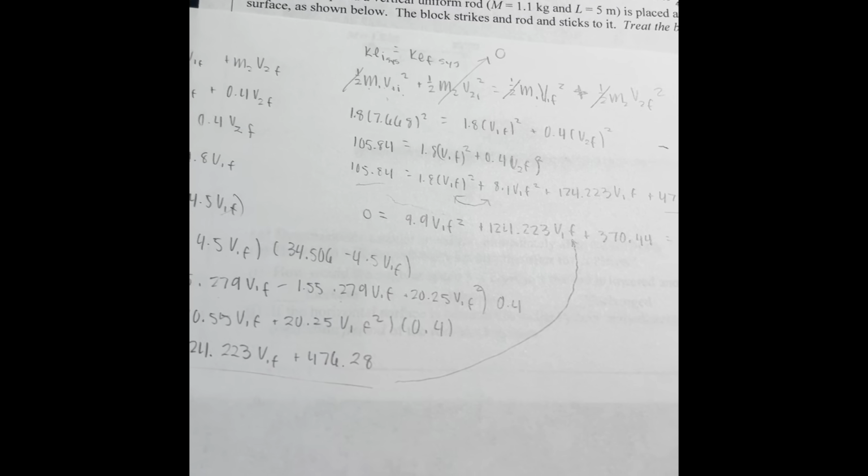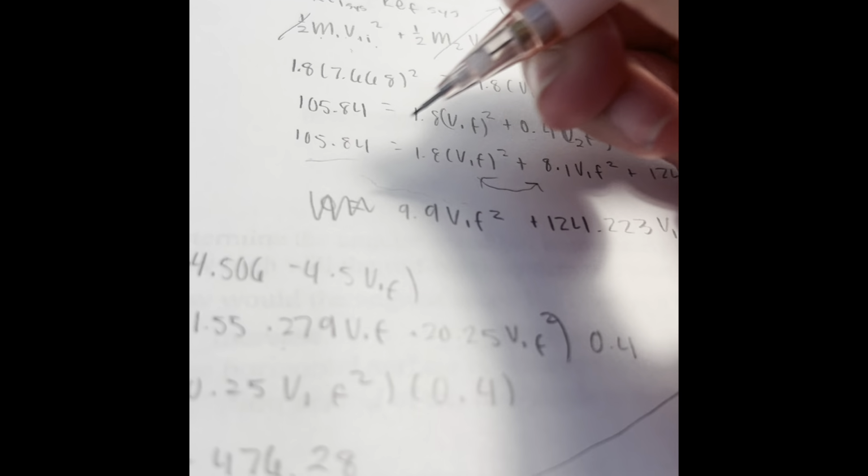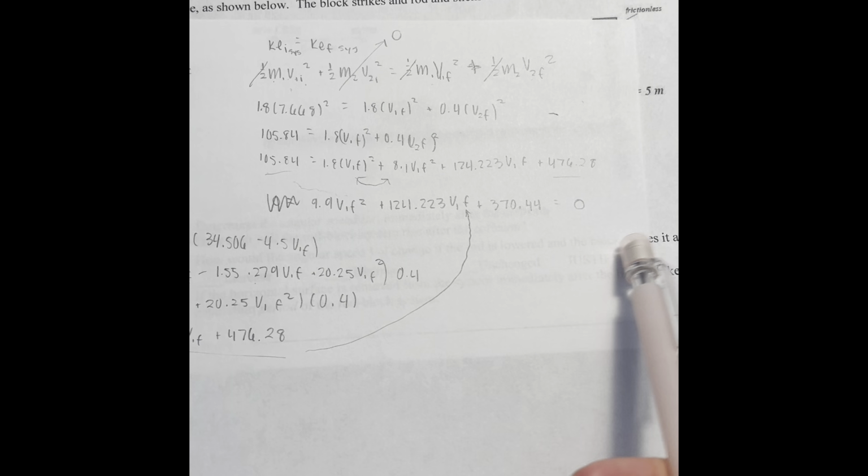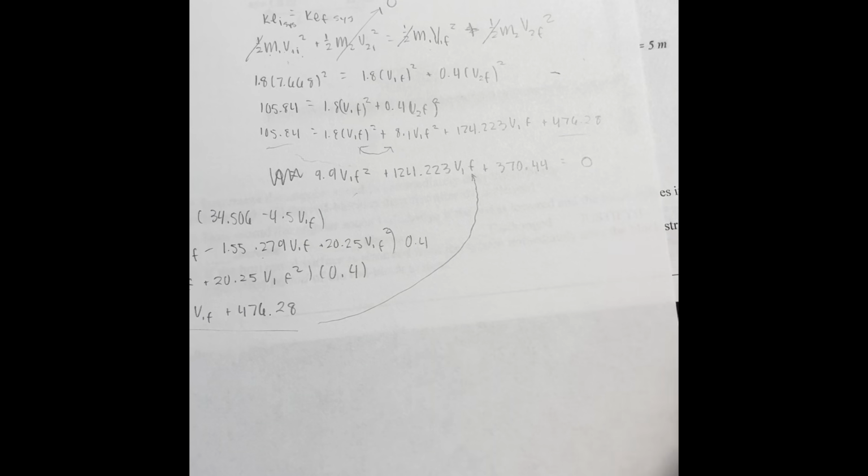So then, oh, why did I set it equal to 0 twice? Yeah. So this whole thing is equal to 0, and now I could do the quadratic formula.